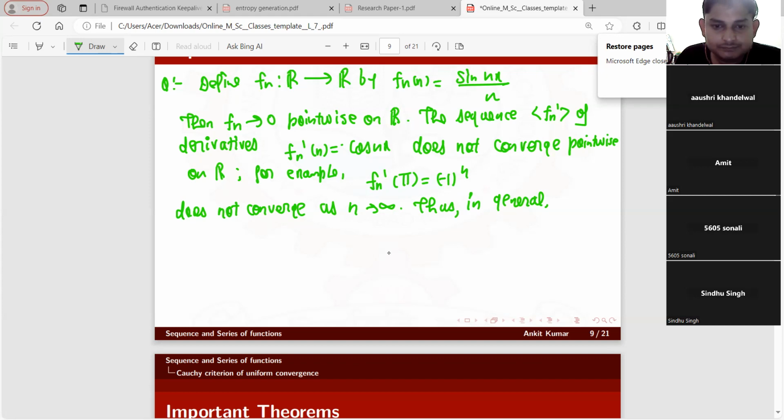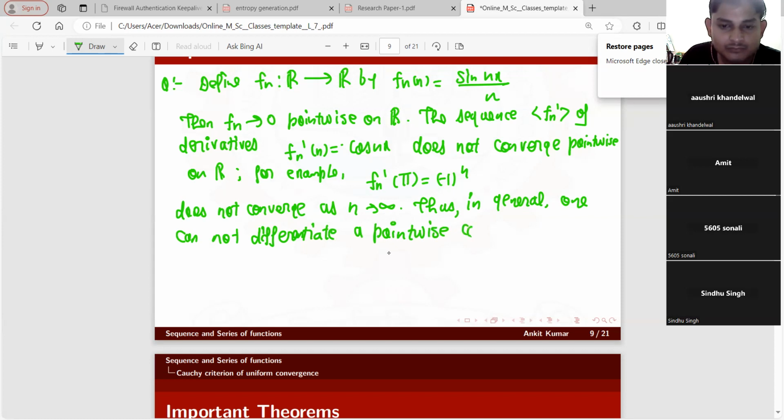Thus, in general, one cannot differentiate a pointwise convergent sequence.